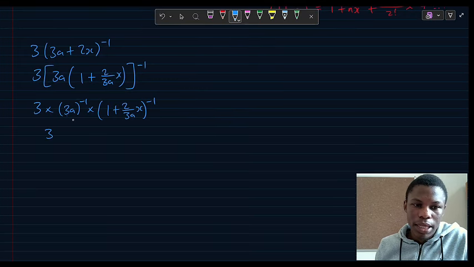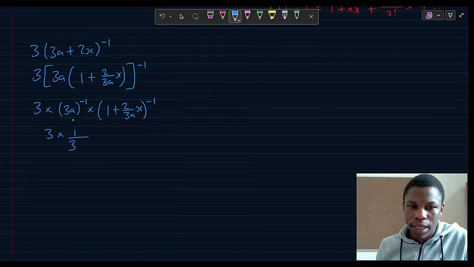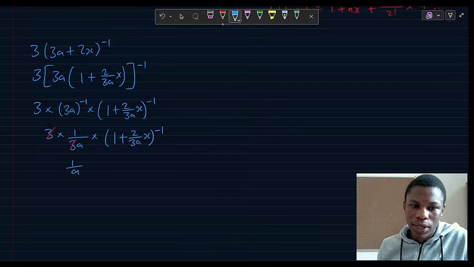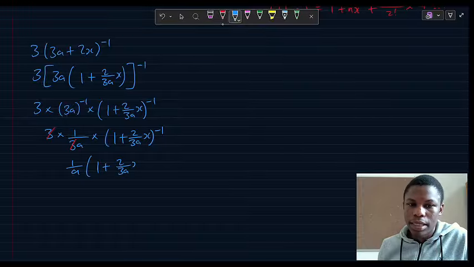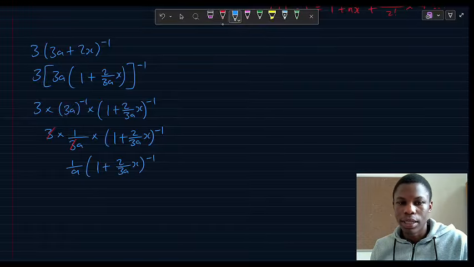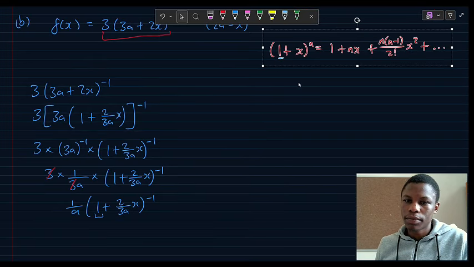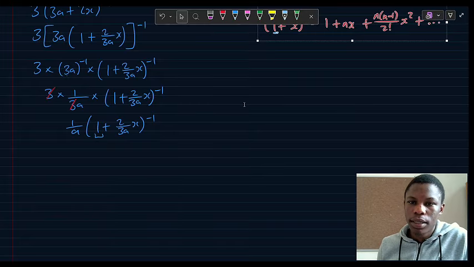This becomes 3 times 3a to the negative 1, which is 1 over 3a, and this is all multiplying our bracket here, 1 plus 2 over 3a x to the negative 1. So the 3's cancel out, and outside the bracket we just have 1 over a times 1 plus 2 over 3a x to the negative 1. All right, so now that this is a 1, we can use that formula.